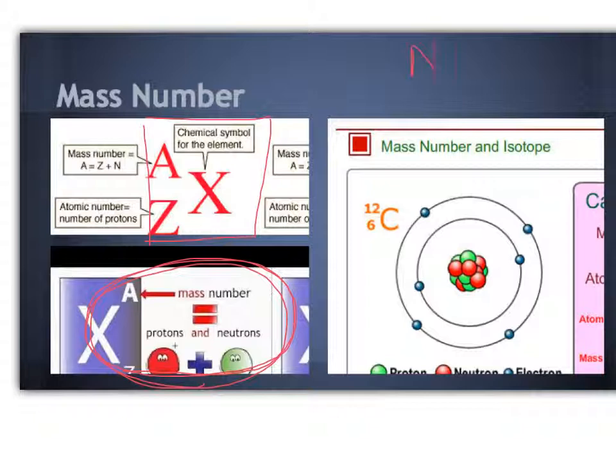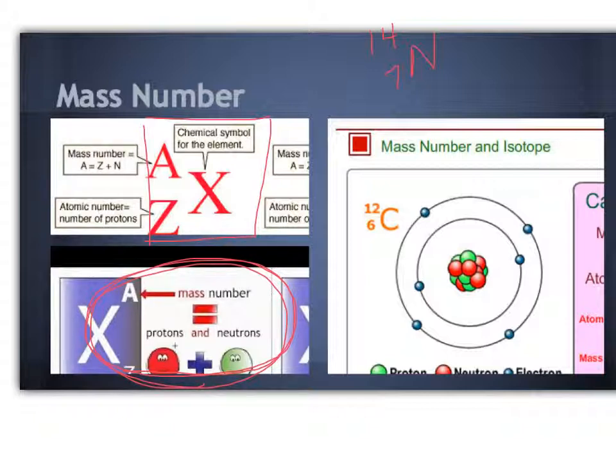Let's say we have nitrogen. The mass number is going to be the number of protons plus the number of neutrons. So if we have nitrogen 14, that means we have 14 protons and neutrons together. And then at the bottom, we always write the atomic number, and that's just the number of protons. So that would be 14 on top, 7 on the bottom.